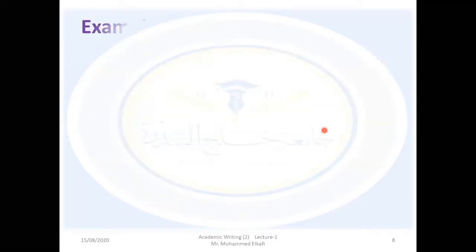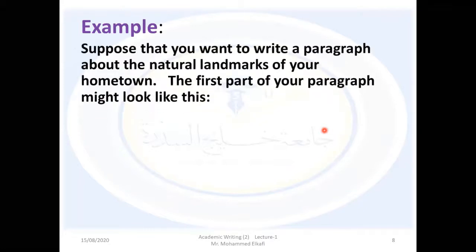So let's think of an example for the topic sentence. Suppose that you want to write a paragraph about the natural landmarks of your hometown, Bin Jawad or Raslanov or even Noflia or some other place. You want to talk about the natural features of the place that you come from, were born in, or grew up in.